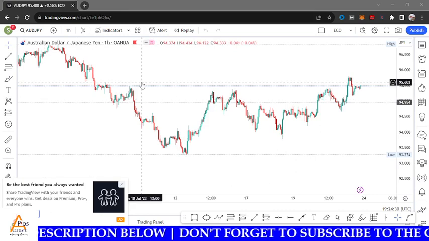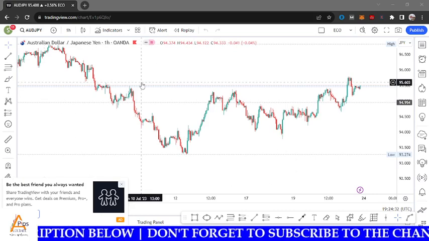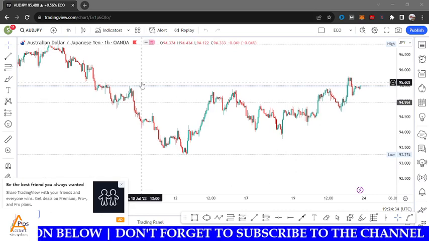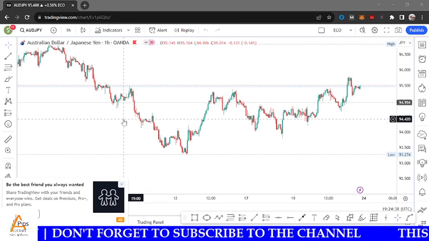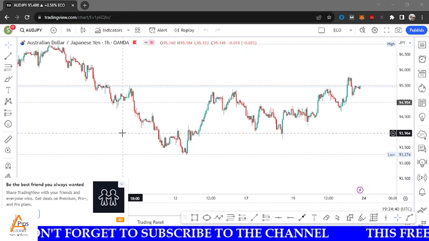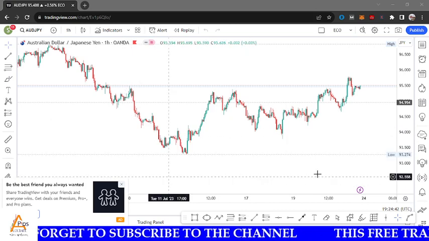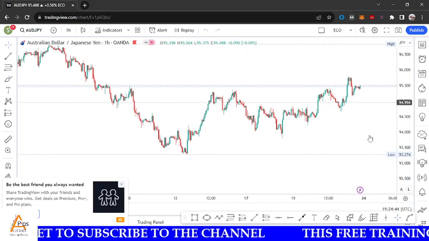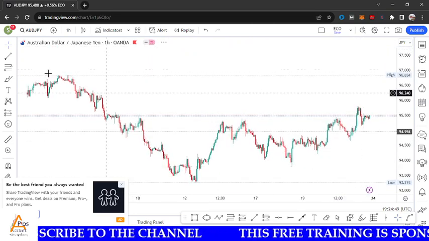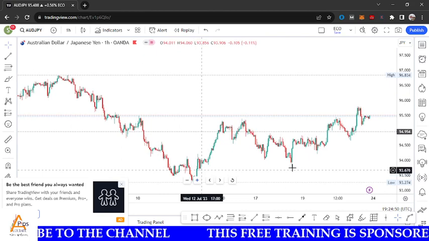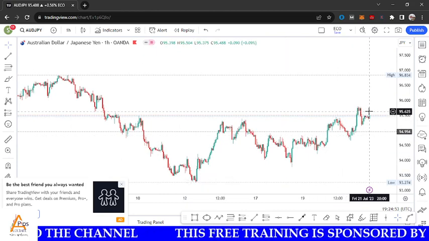So now, as I said, the first thing is that we have to identify our trend. Over here, this is the AUD JPY chart. So this is bearish movement, this bullish movement.